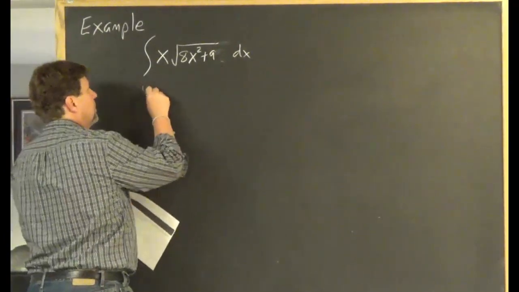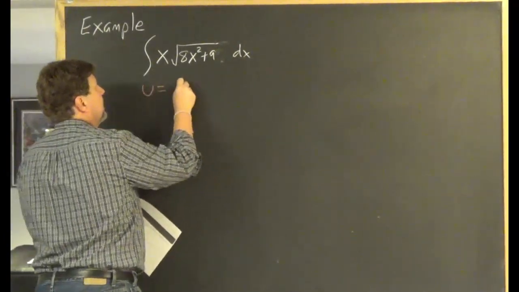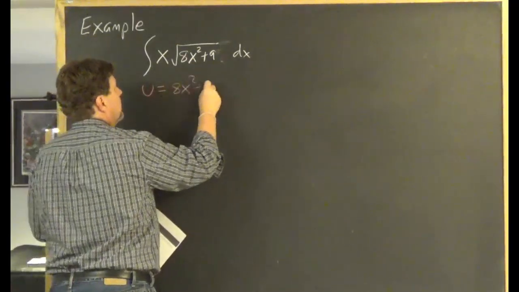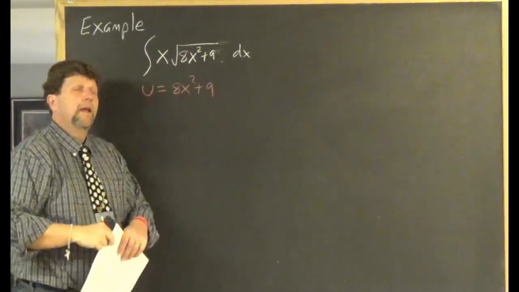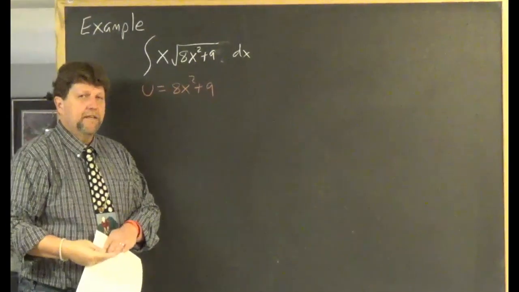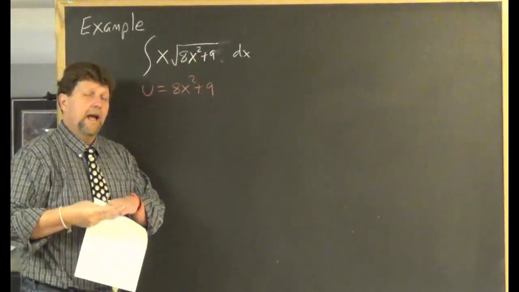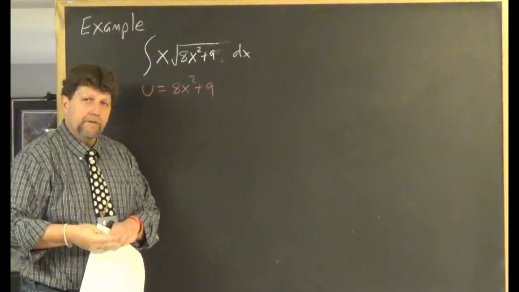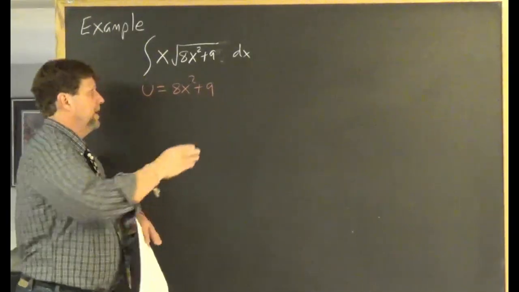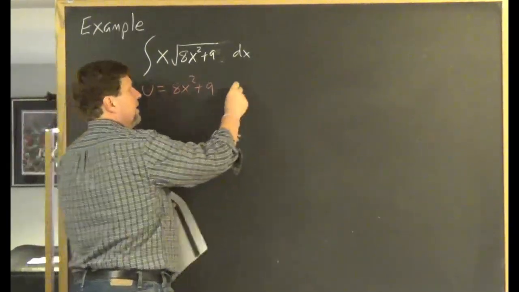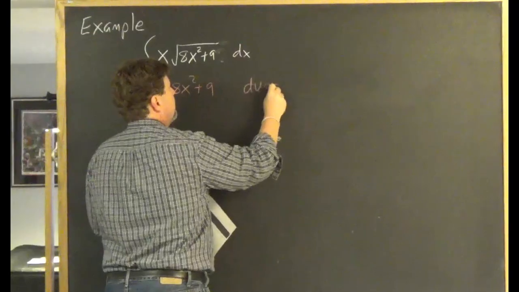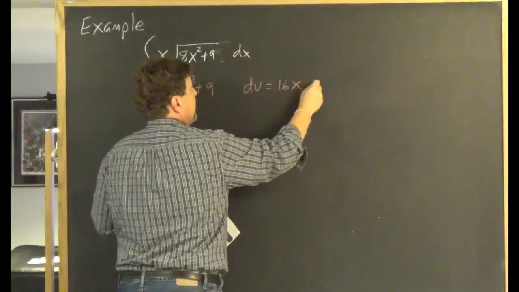So u equals 8x squared plus 9. And like I've done every time so far, and I've stressed, I must compute the derivative of my u statement. So I have to get the derivative here. du is 16x dx.